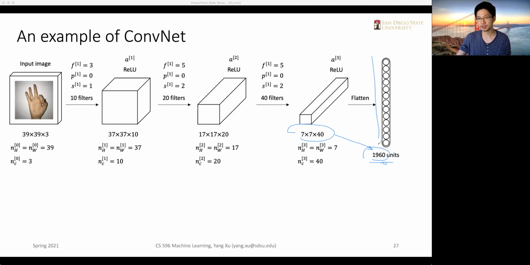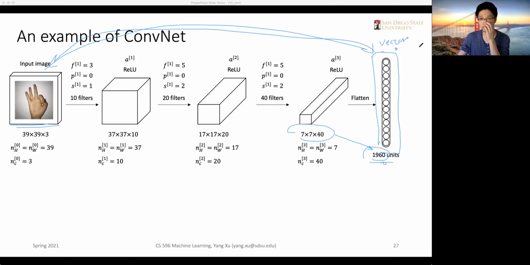We can think of this vector as containing condensed information from the inputs. So this vector is a representation of the input image. It contains information about which number the input image indicates. It's a very abstract, condensed summarization of the input image.